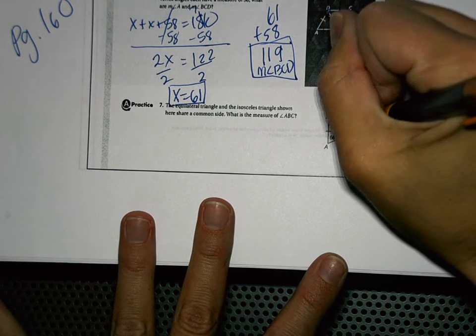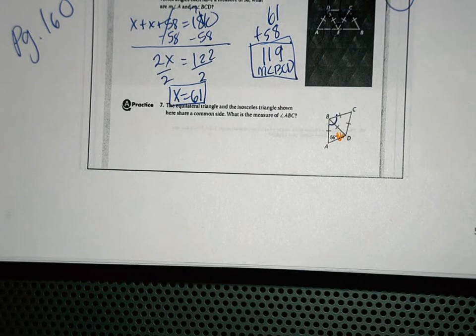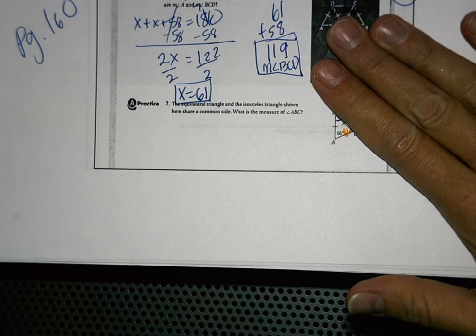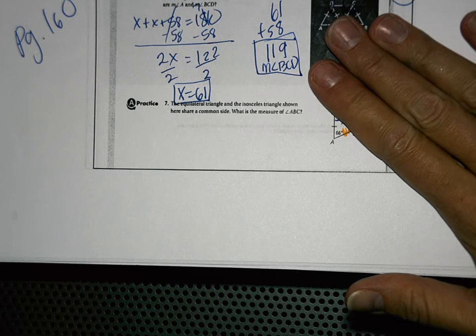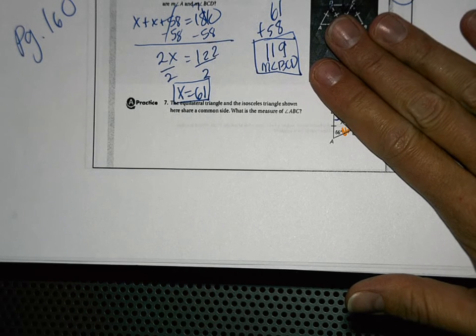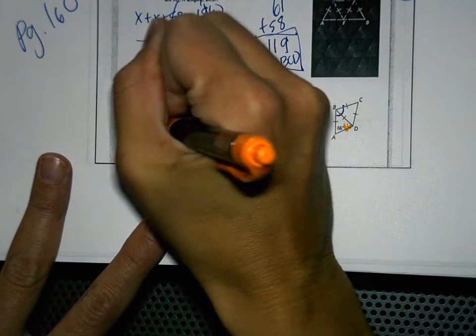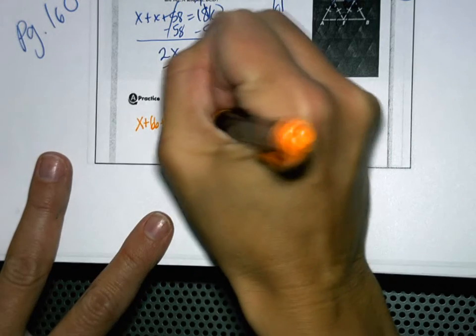Okay, now you have to look at these like separate triangles. So this is your isosceles. I know that's 66 and 66. So can I find the measure of angle just B? How will I find the measure of angle B? Okay, so good. And I could write an equation, x plus 66 plus 66 equals 180.